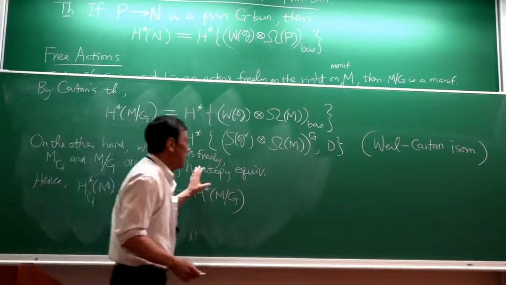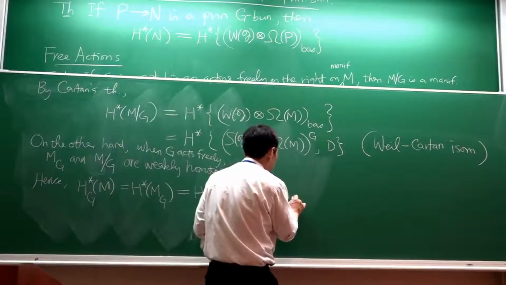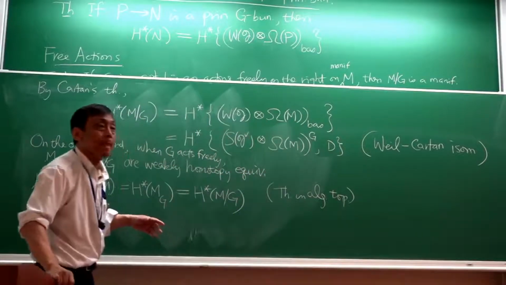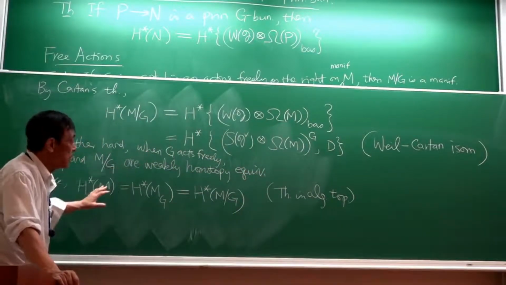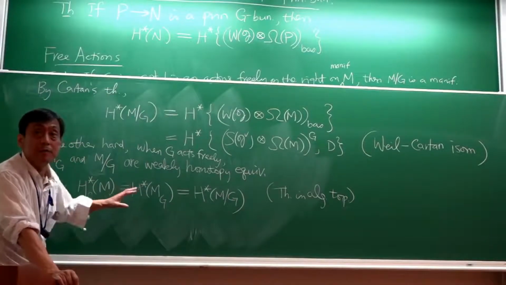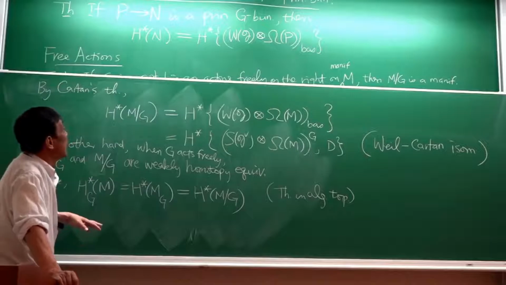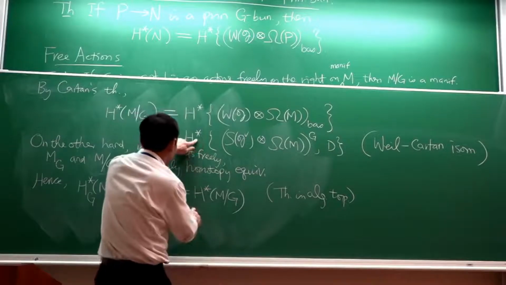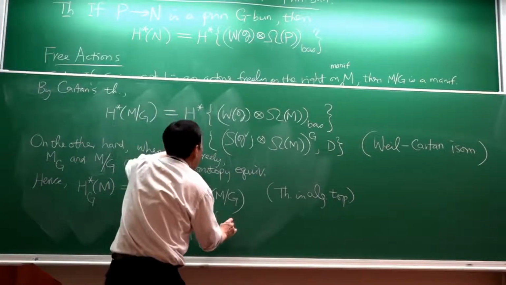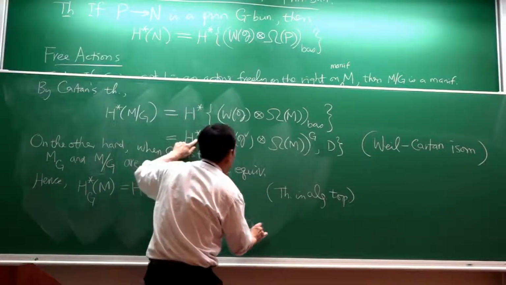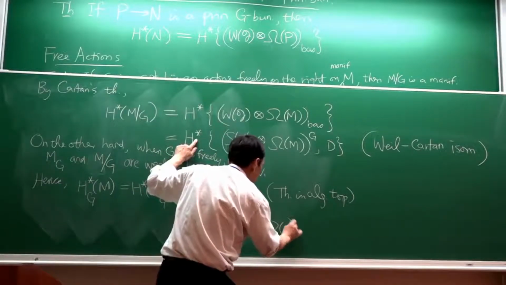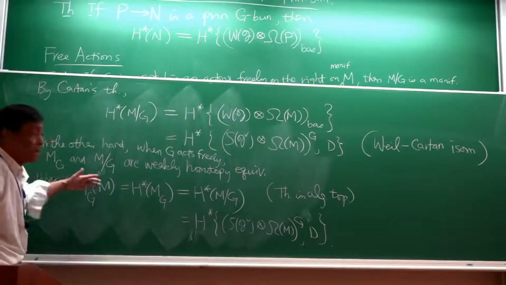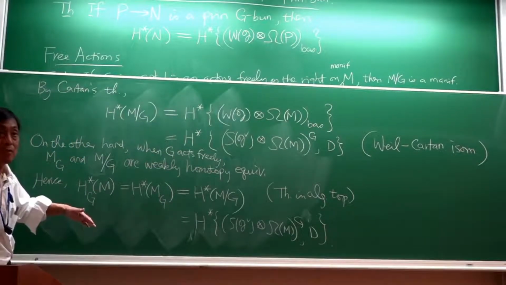So this is a theorem in algebraic topology. If the homotopy groups are isomorphic, then the cohomology groups are isomorphic. Okay, and then we say that this can be computed from the Cartan model. Okay. So that gives you the equivariant Cartan theorem for a free action.